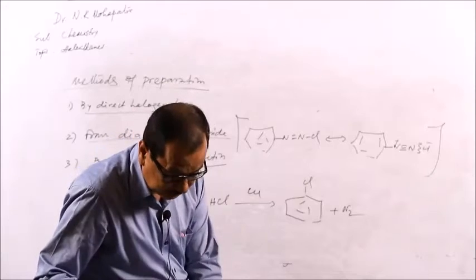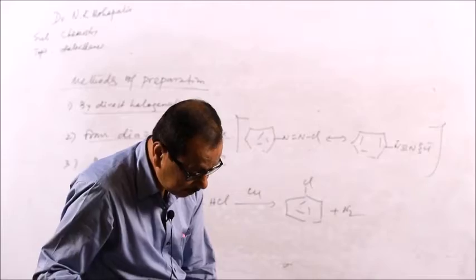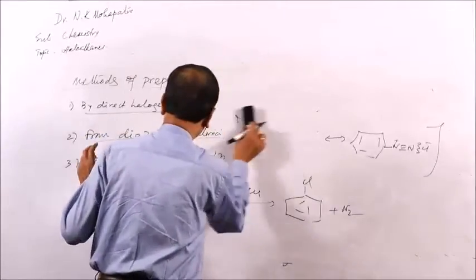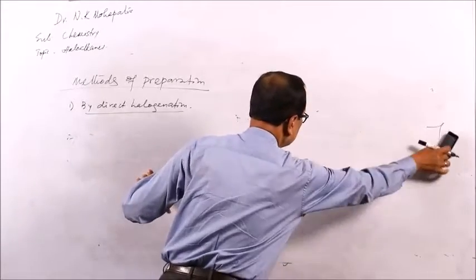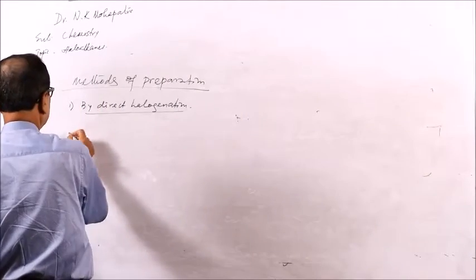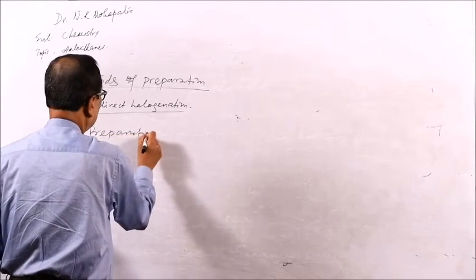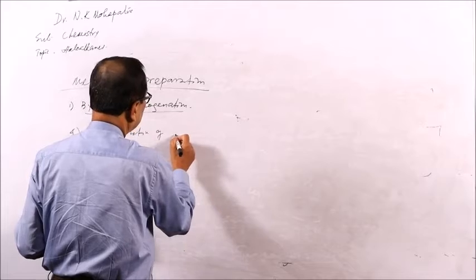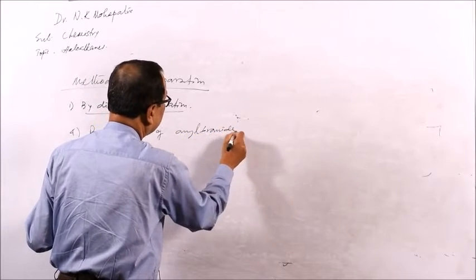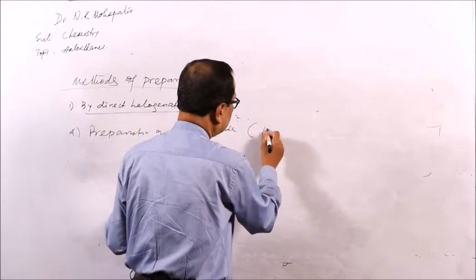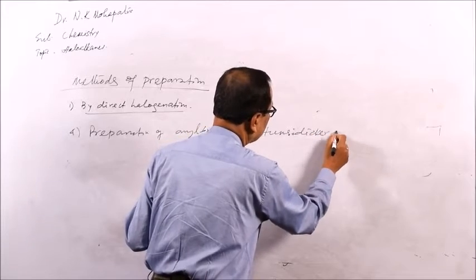Another method is the preparation of aryl bromide only. This reaction is otherwise called Hunsdiecker reaction.